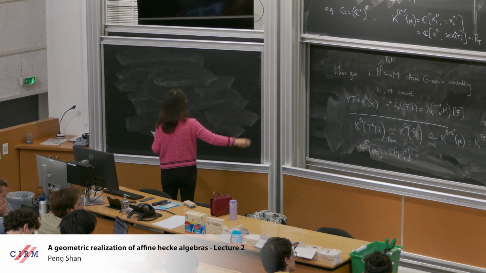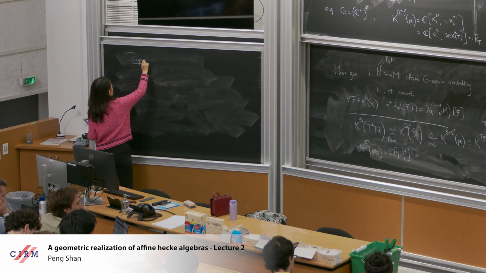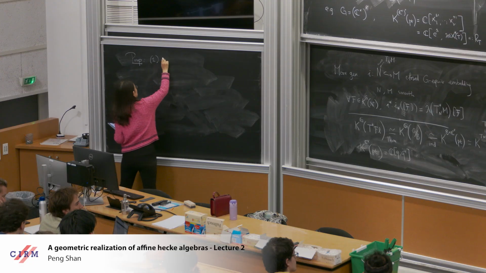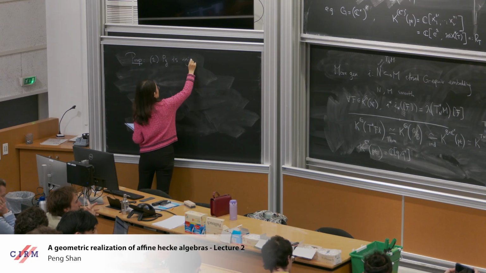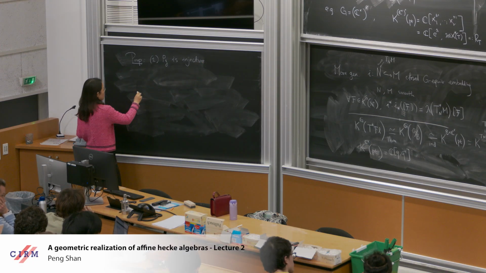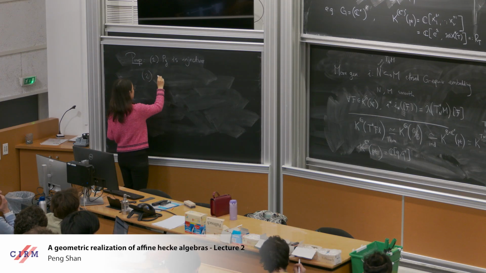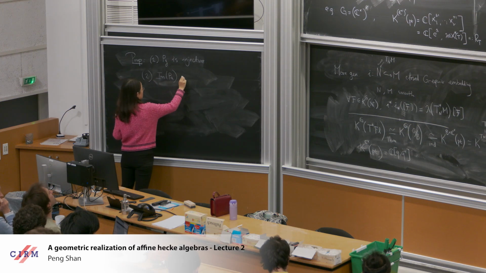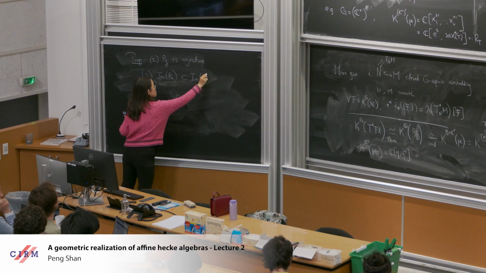Okay, so using that diagram, the proposition we're going to prove is, first of all, rho g is injective. In other words, the geometric representation is faithful. And then, second, the image of rho A is contained in the image of rho g.